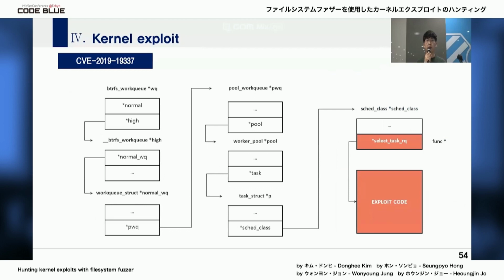Therefore, by analyzing the structure reference flow, we were able to match the structure field values referenced by each routine and finally make the select task RQ function pointer point to the target address.